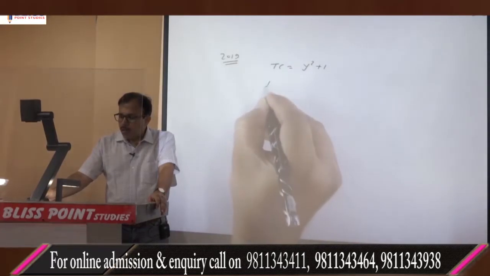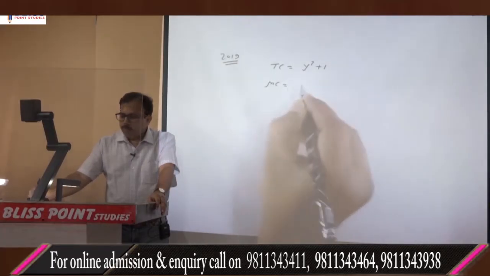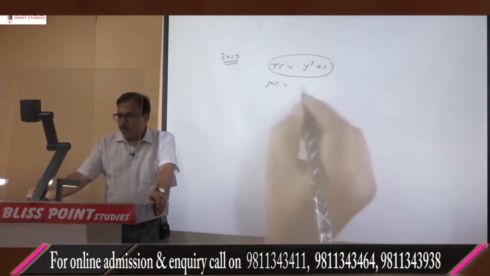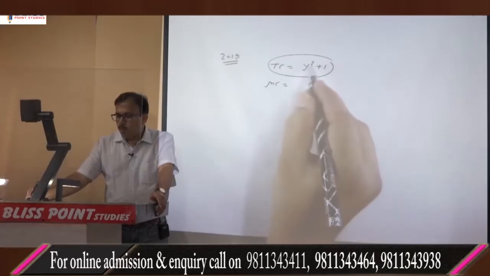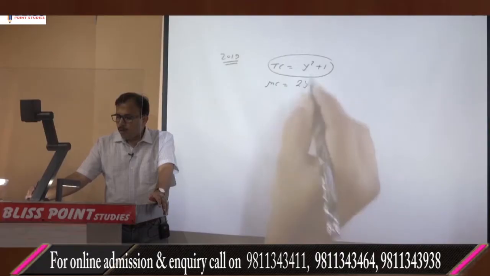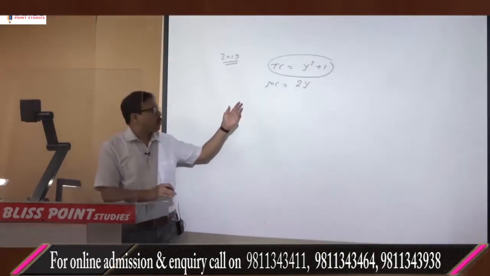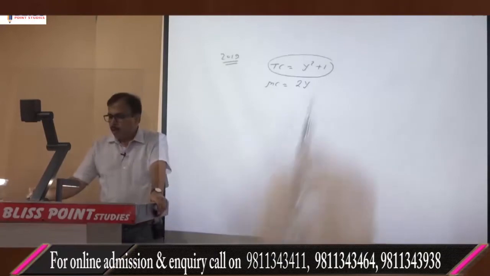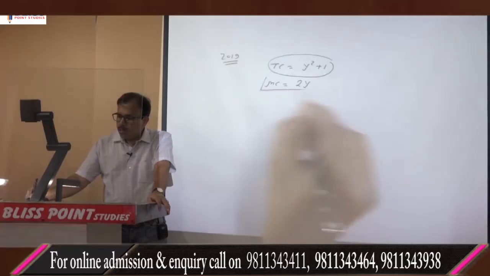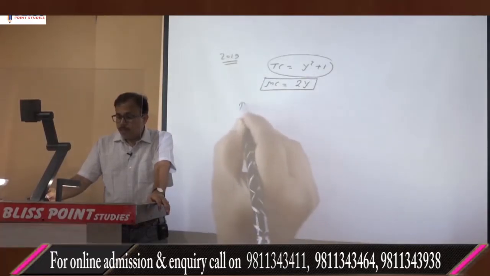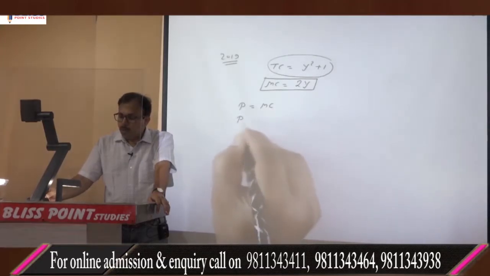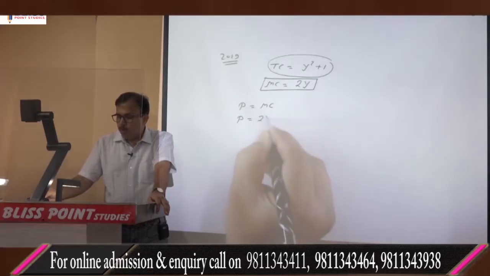So from that total cost you can calculate marginal cost. Marginal cost के लिए total cost को differentiate करते हैं. तो बेसिक डिफरेंशिएशन अप्लाई हो रहा है. y square को y के respect में differentiate किया है, पावर से multiply कर दिया और पावर से 1 subtract कर लिया. y square का differentiation 2y, 1 is constant number, constant term का differentiation 0, so marginal cost is 2y. And supply का मतलब firm will supply that much output where P equals MC. तो प्राइस को MC से equate कर देंगे और MC की value 2y होगी.